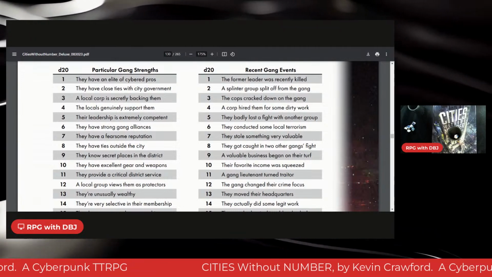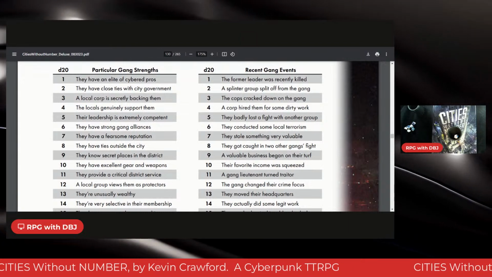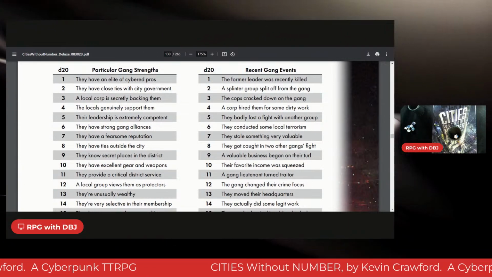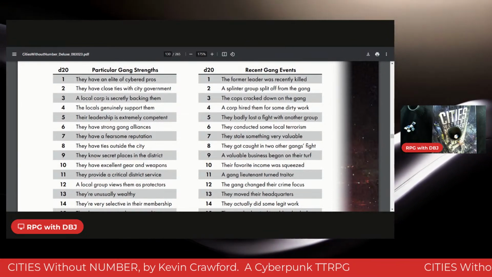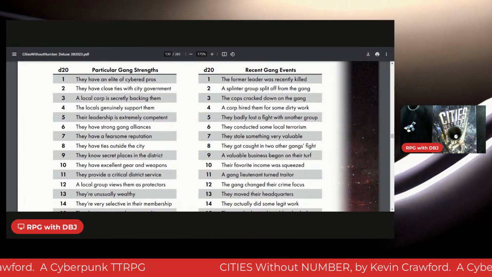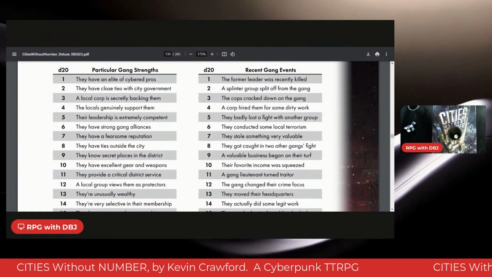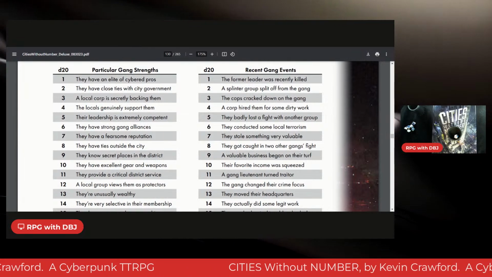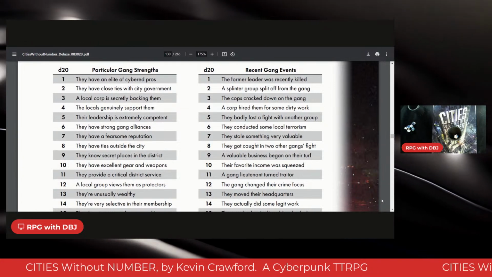It was always spiked leather, and somebody had a fur jerkin on, and random chains and spikes and chrome. Yeah, always the S&M gear mixed in with biker gear. But come on, we can get a little bit more creative than that, and so that's why I like these other things: particular gang strengths, recent gang events, kind of cool.